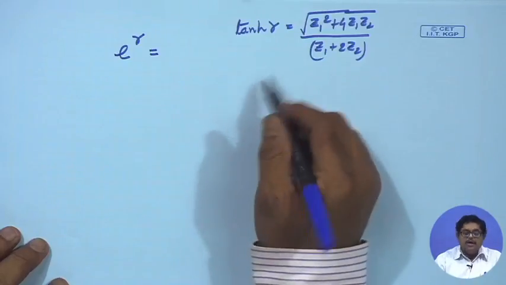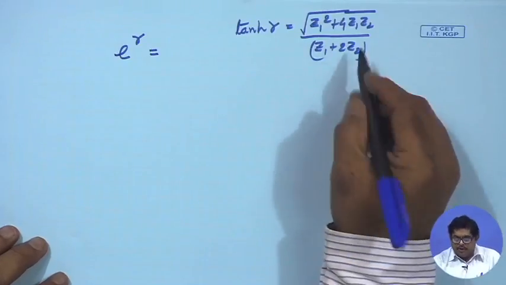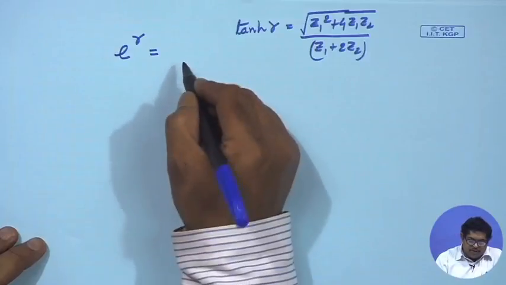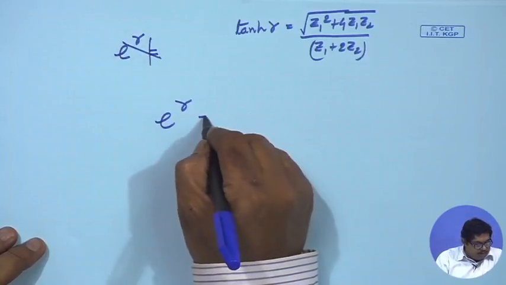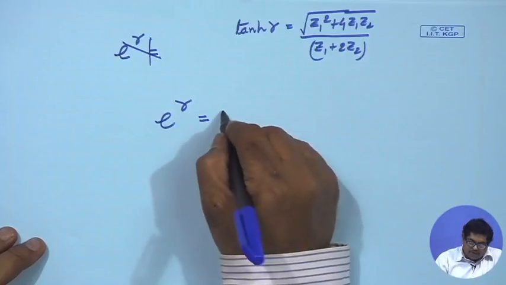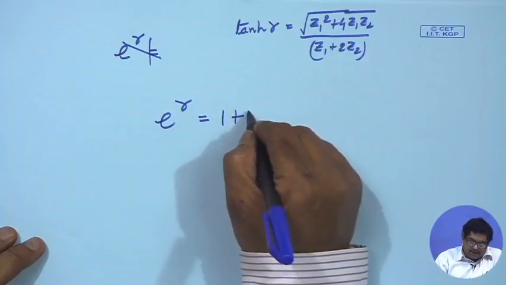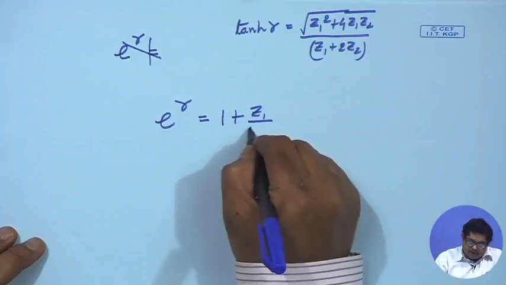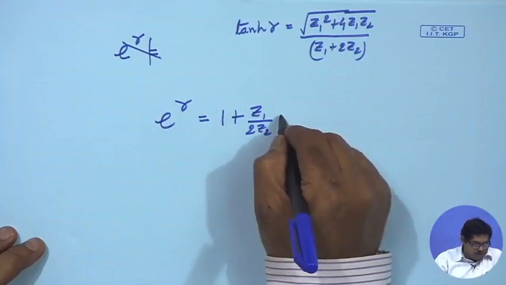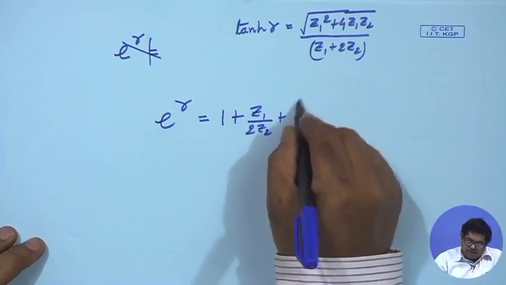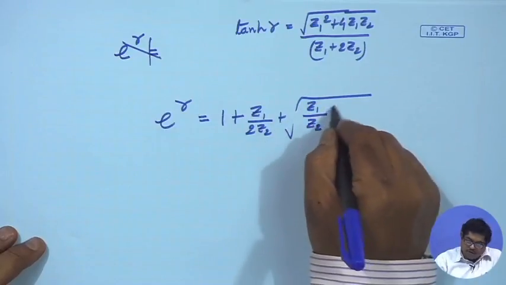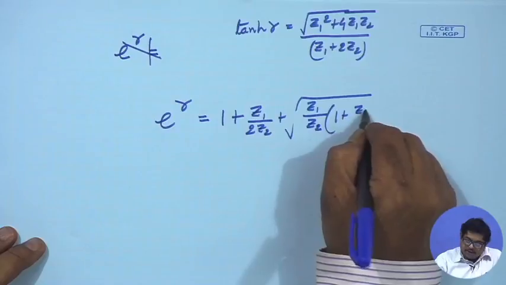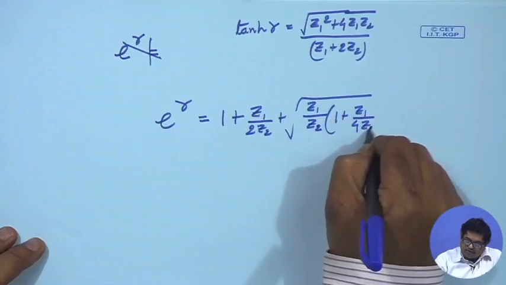So, if you do that and then some algebraic manipulation, you get the value of e to the power gamma. So, e to the power gamma will turn out to be, by simple mathematics, 1 plus Z1 by 2 Z2 plus root over Z1 by Z2 times 1 plus Z1 by 4 Z2.